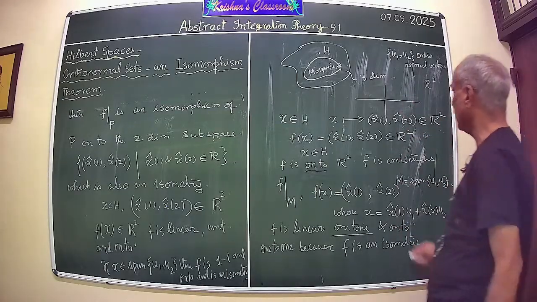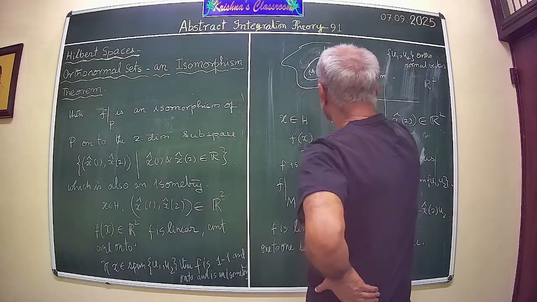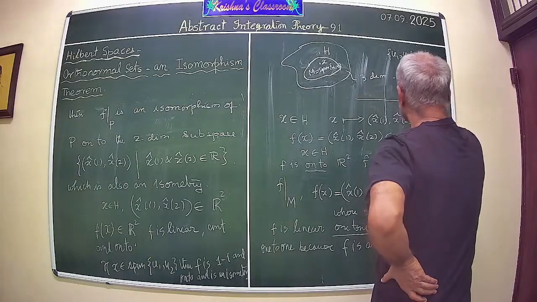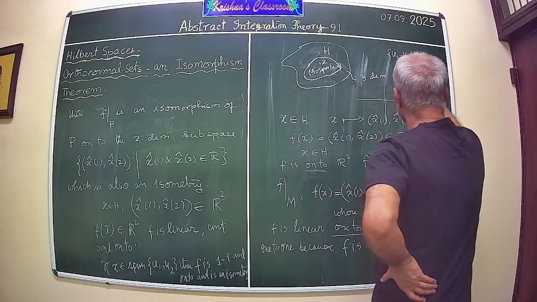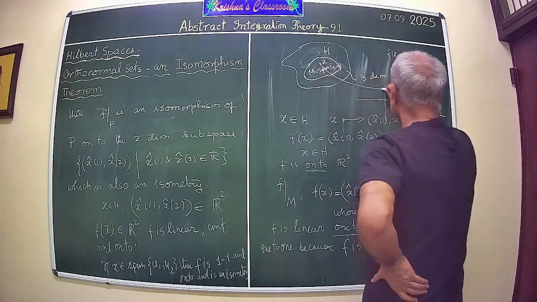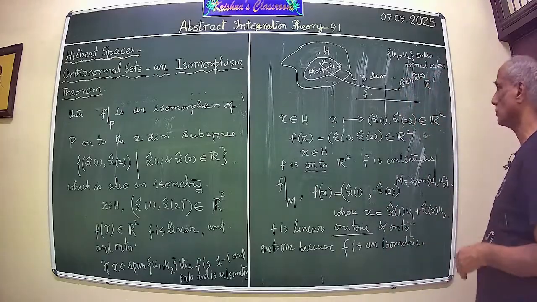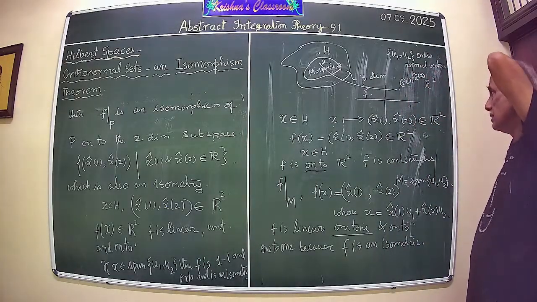So you take an element here, X, so this is the map F. Now this is a linear map. This is an onto map.